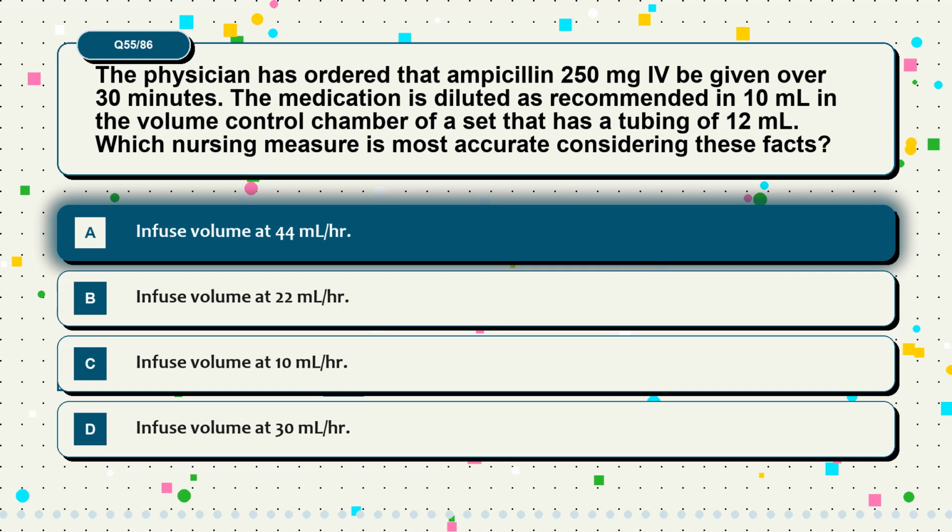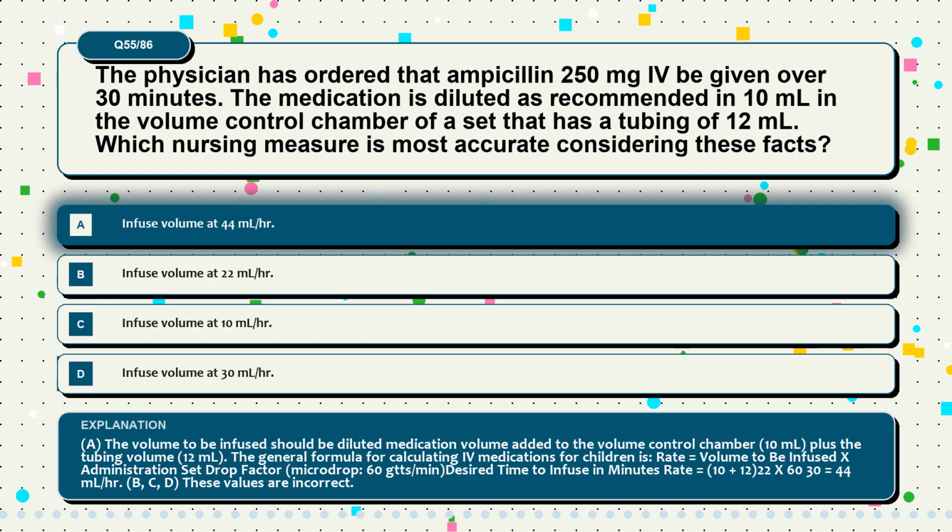The correct answer is option A. Infuse volume at 44 ml/hr. The volume to be infused should be diluted medication volume added to the volume control chamber, 10 ml, plus the tubing volume, 12 ml.